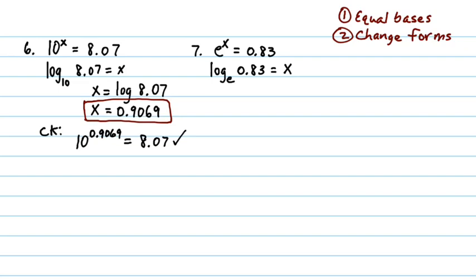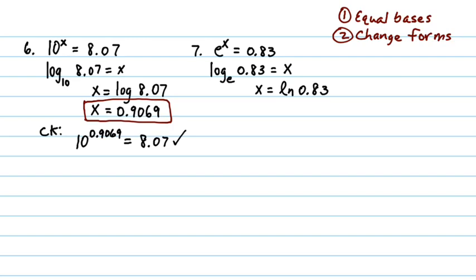To check ourselves, we know that e to the x power is equal to that number, and that's what we have up above, so we're good. Alright, so we don't normally write a log that's base e this way. We're going to want to rewrite this using the ln. Remember, natural log, that's what a log base e is.